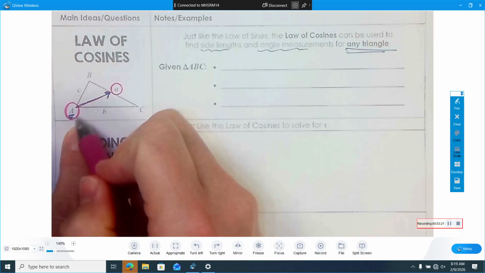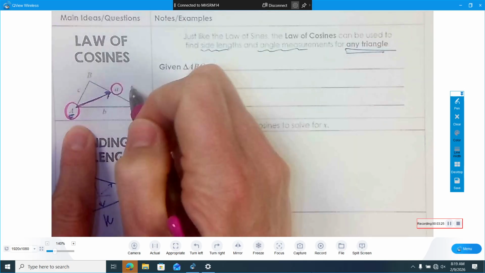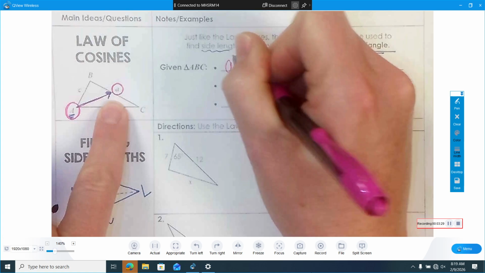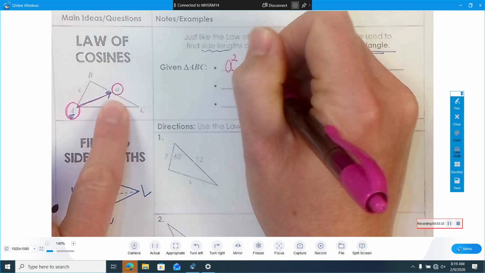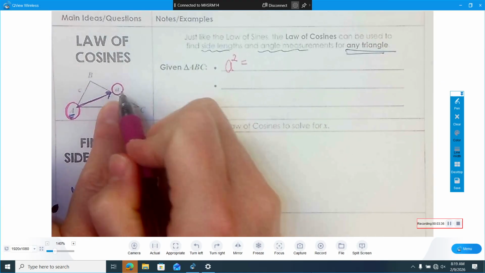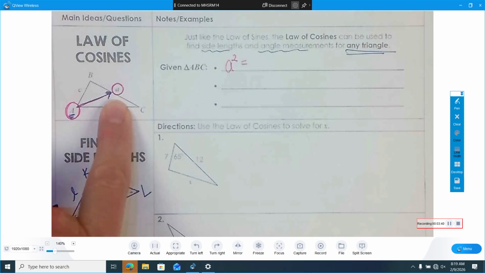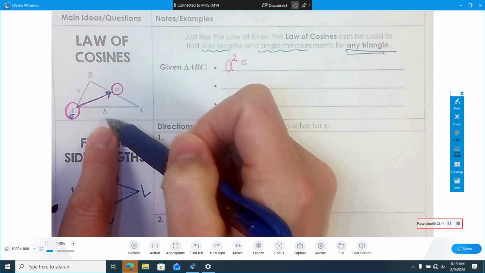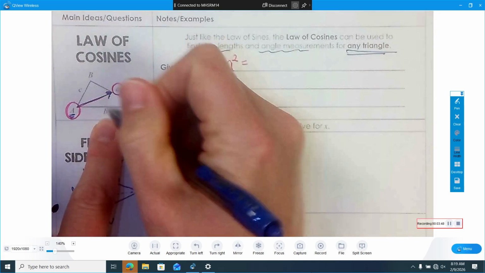So if I have an angle and an opposite side highlighted, I'm going to start with the length of the side squared. So little a squared, watch your capitals here, is equal to the side squared is equal to, we have 2 other sides here on either side of our connection. Do you see that? Okay.